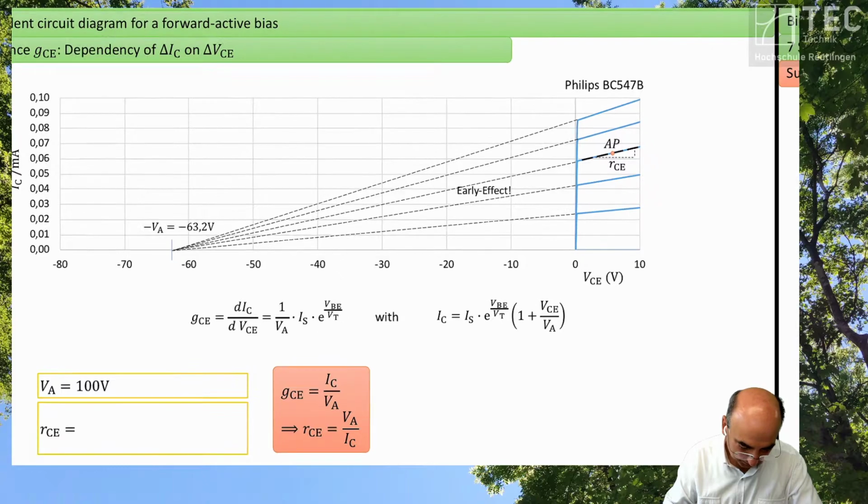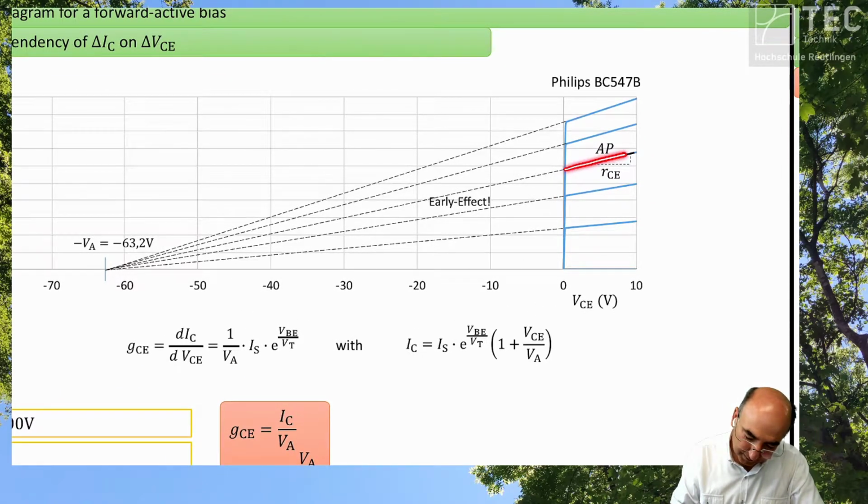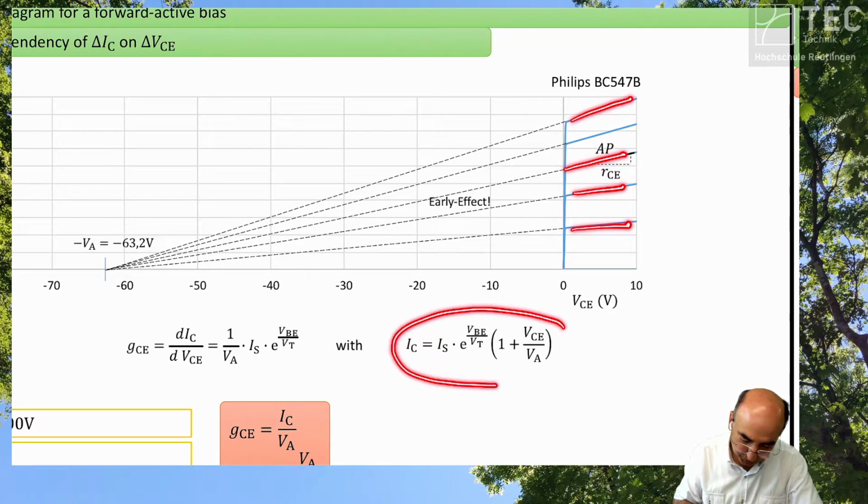Just a comment of mine. Okay, so we have this current, the equation for this part of the output characteristics. And for this part, we have this equation.